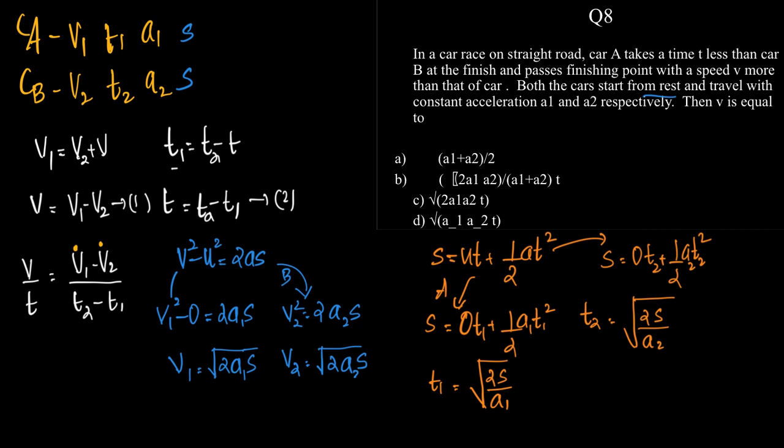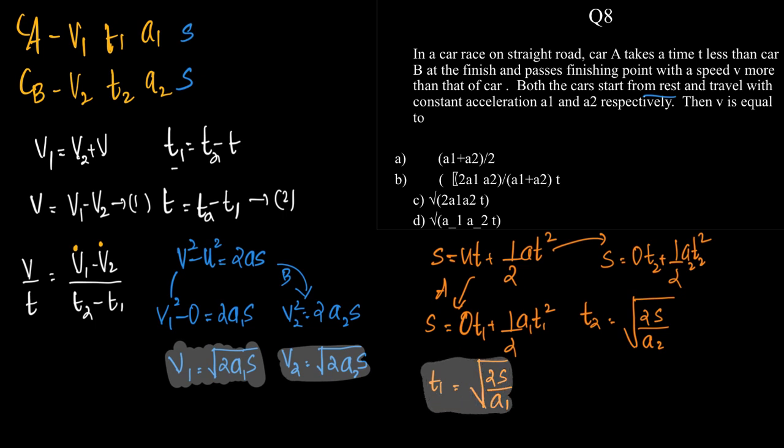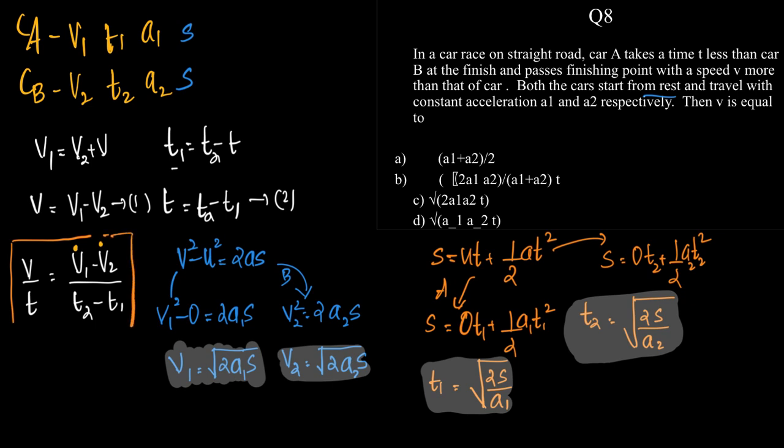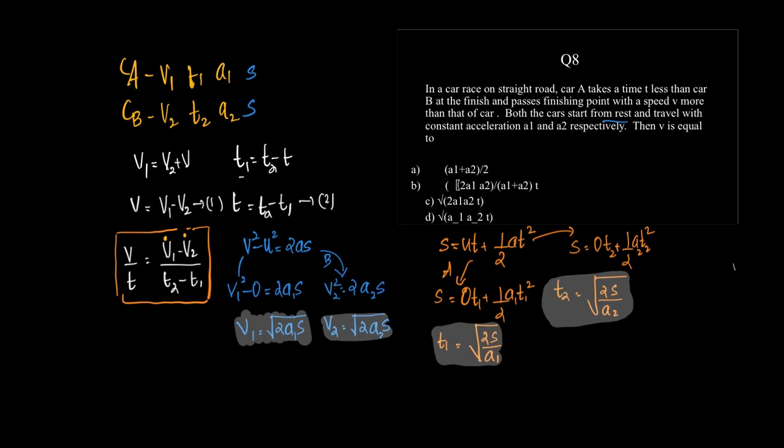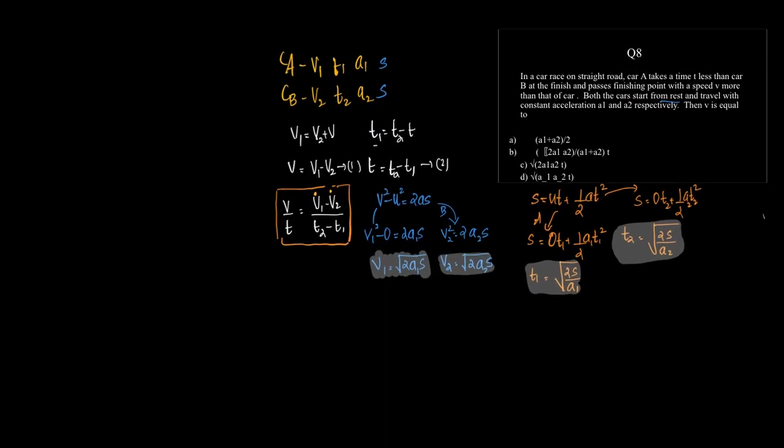So now we have the value of v1, value of v2, value of t1, and also the value of t2. So if we have all these, what can we do? We can substitute in this derived equation, v by t is equal to v1 minus v2 by t2 minus t1.